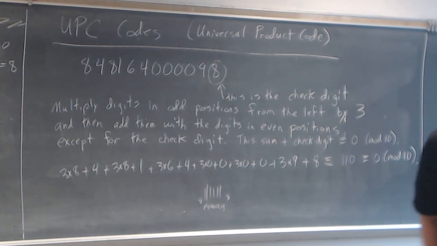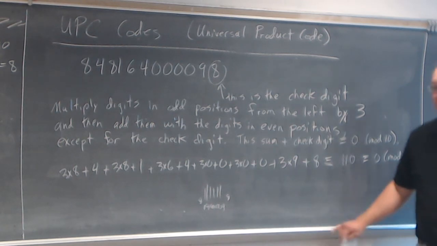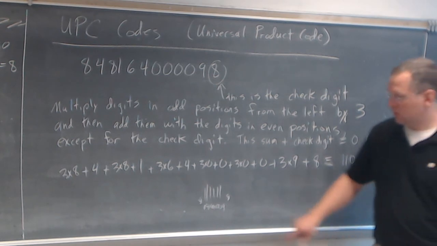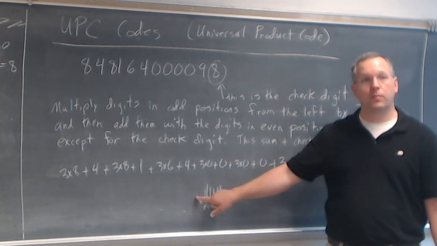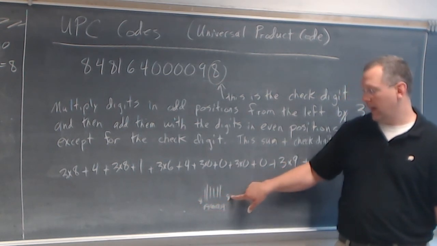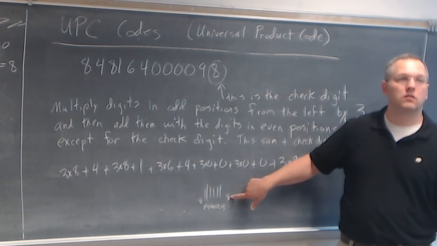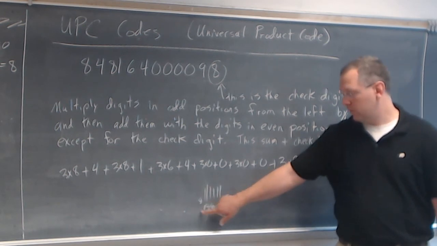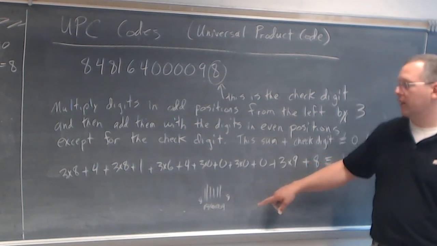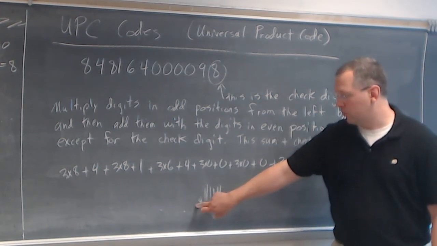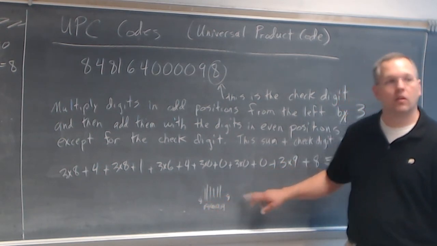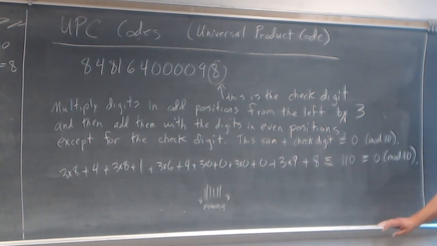The first zero is part of the number as well. If there's a number up high, that's still part of your UPC code, and the last one up here is your check digit. Just start from left to right, use all those digits, multiply the first one times 3, and then skip. When you add them all together, it should be 0 mod 10. Did it work? Anybody?